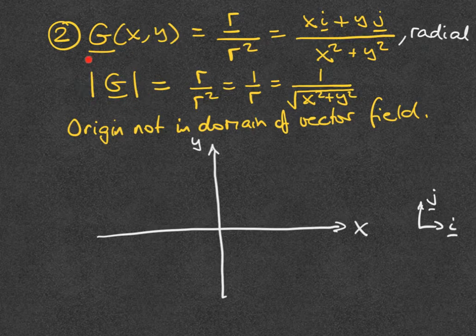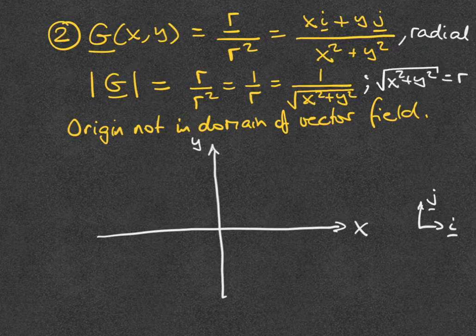To work out the magnitude of the vector field, we work out the magnitude of the position vector, but that is just r, because you take the x, you square it, the y, you square it, you add them together, x squared plus y squared, and take the square root. And the square root of x squared plus y squared is equal to r, the magnitude of the position vector.